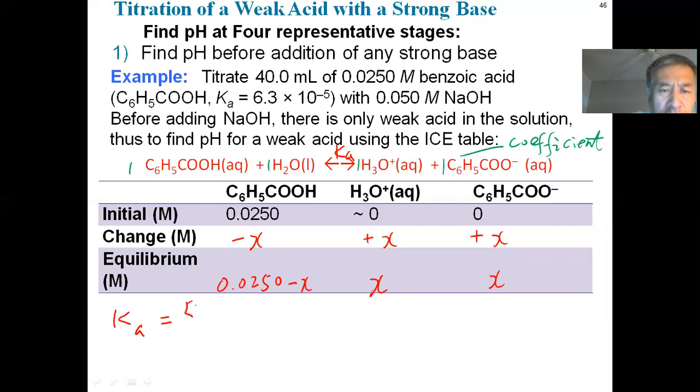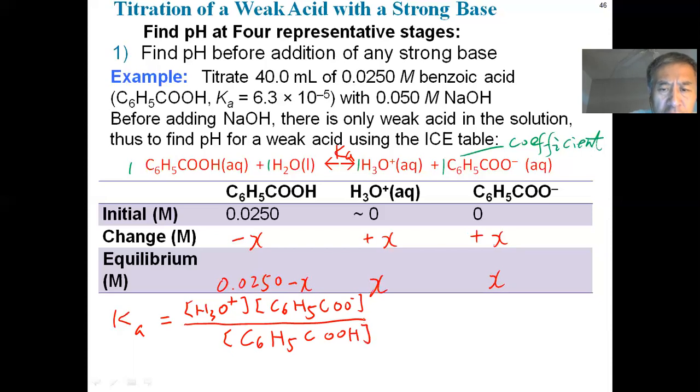We have two products, one is H3O plus, the other is C6H5COO negative. We use angle brackets to represent the molar concentration. And at the bottom we have C6H5COOH in angle brackets.